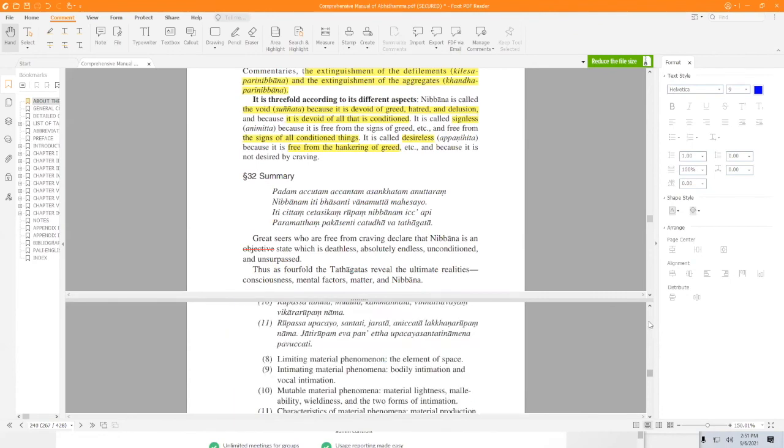But I think the idea here is that all matter can in some way serve as a factor of nutrition.